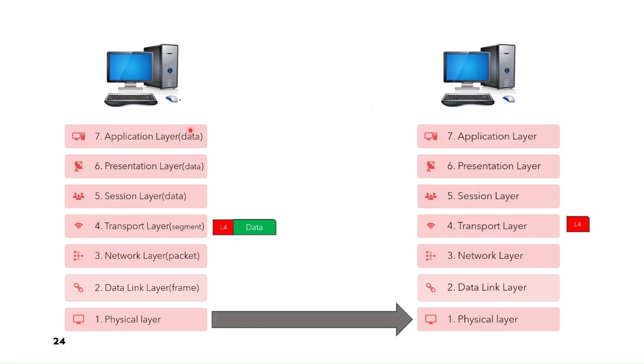Inside the layer 4 header are sequence numbers that will help to track the data at the receiving end. And also port numbers are added here to identify the specific application that will receive the data. For instance, at the receiving end, the user might have installed WhatsApp, Facebook, Outlook.